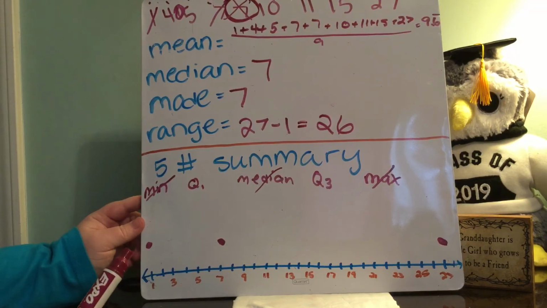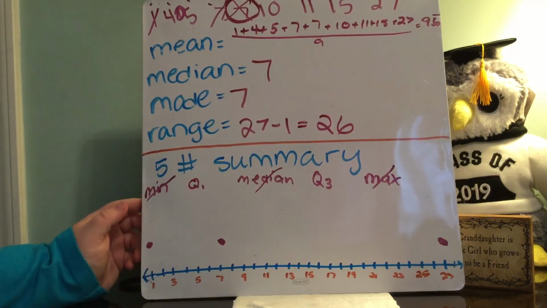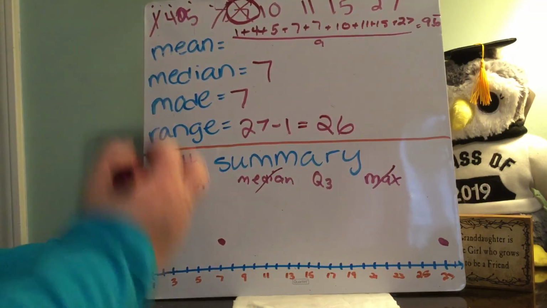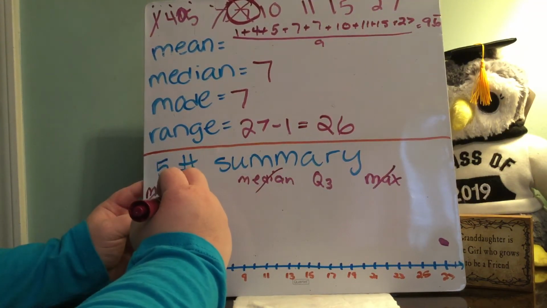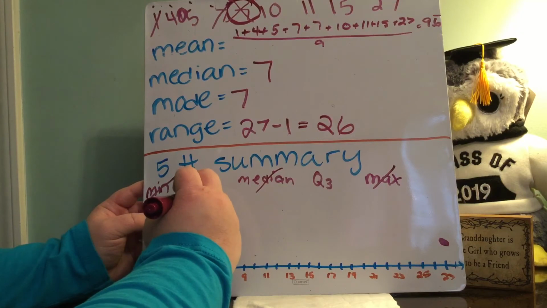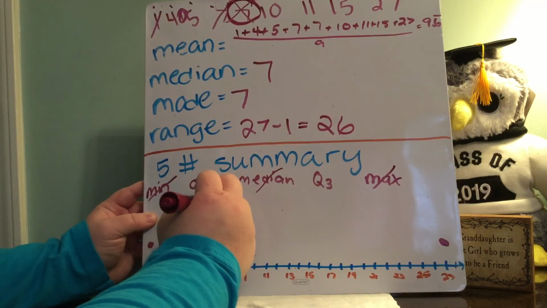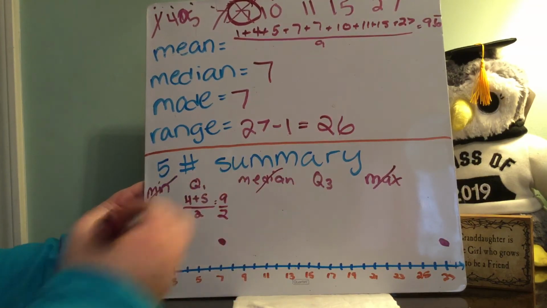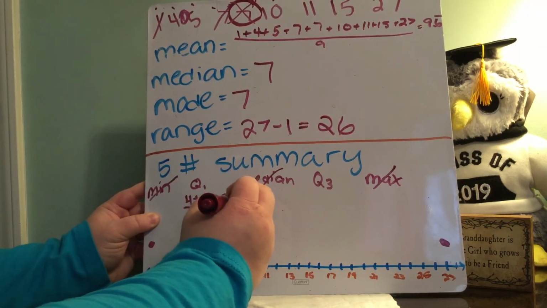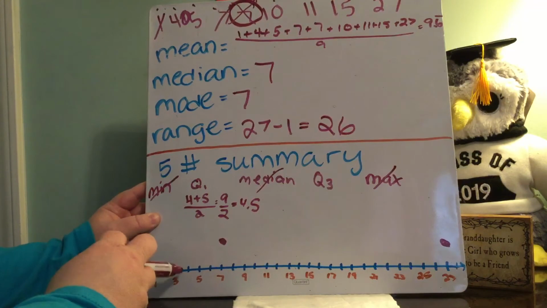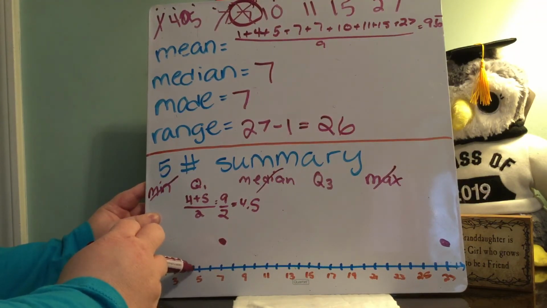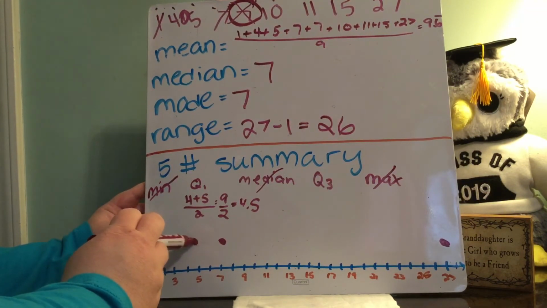So what's in the middle of 4 and 5? To do that, I'm going to add and find the average. 4 plus 5 divided by 2 is the same thing as 9 divided by 2, which gives me 4.5. So here's 4 on my number line. I'm going to go halfway, and put a dot at 4.5.